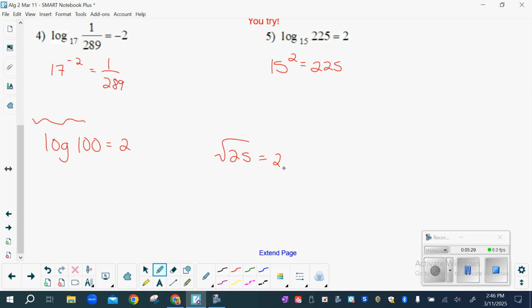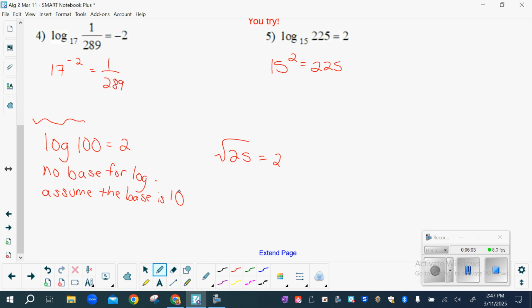It's assumed to be a 2. In a log, if there's no base, assume the base is 10. A log with a base of 10 is the most commonly used log.